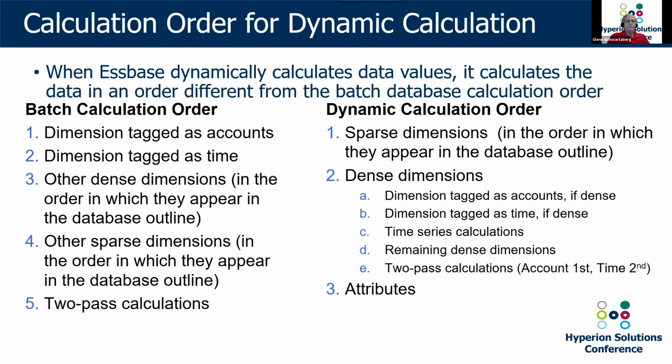So if we're looking at the calculation order of cubes, and I need to speed up a little bit, this is the order of the way block storage cubes do calculations, and the way that we do it with dynamic calculation.